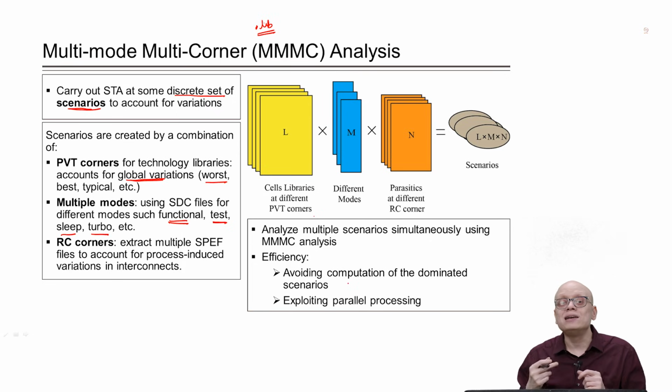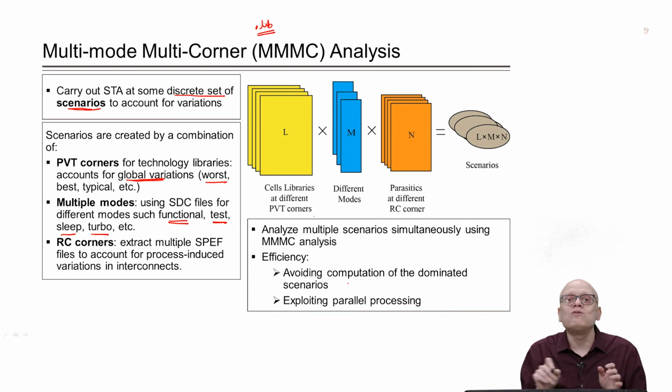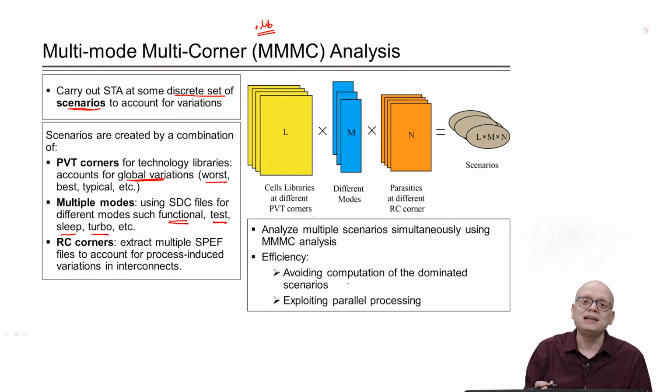Also, parallel processing can be invoked, and all these scenarios can be evaluated in parallel using multi-processing, and we can efficiently derive the safety of our design for all 48 scenarios by doing MMMC analysis rather than explicitly analyzing separately for all 48 scenarios.